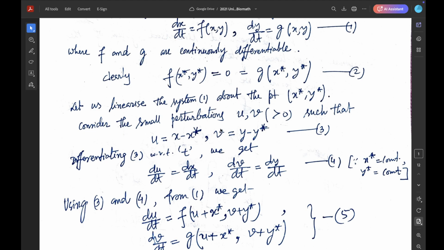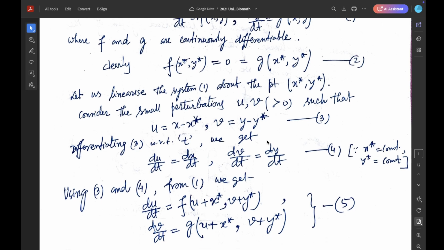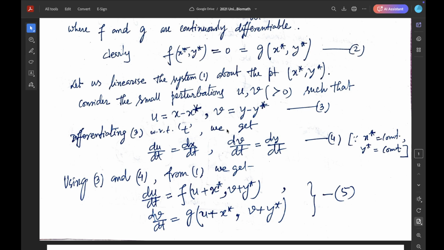Consider small perturbations u and v, both positive, such that u = x - x*, v = y - y*. Differentiating 3 with respect to time t, du/dt = dx/dt and dv/dt = dy/dt, because x* and y* are constants.